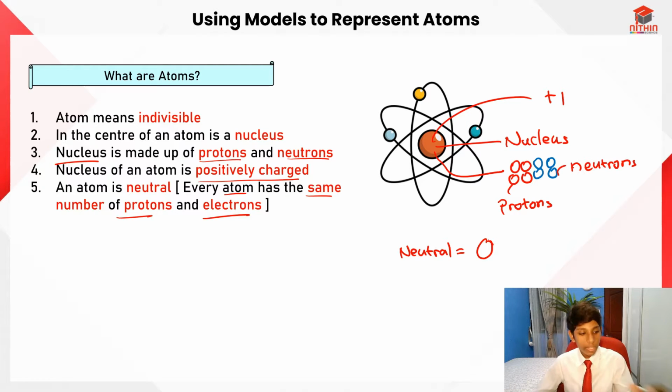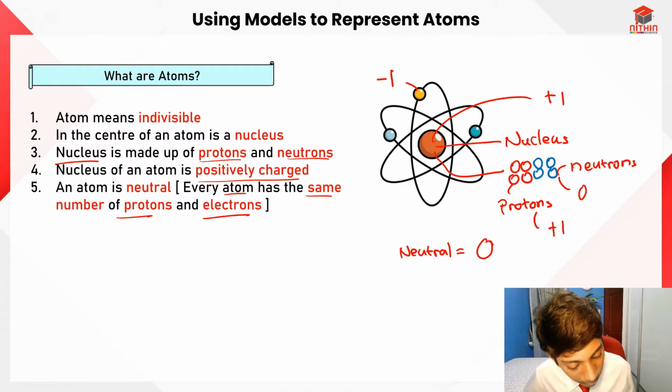You should know by now that electrons are negatively charged and protons are positively charged. Okay, and neutrons actually have no charge, which means they are neutral in charge. Okay, so every atom is neutral, so that's why there must be an equal number of protons and electrons.